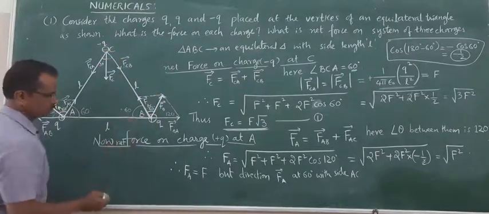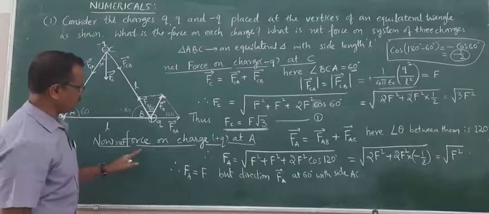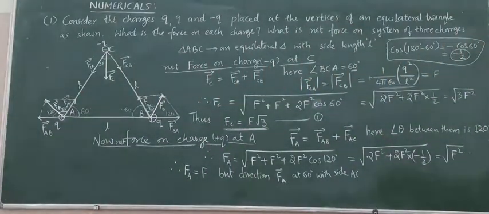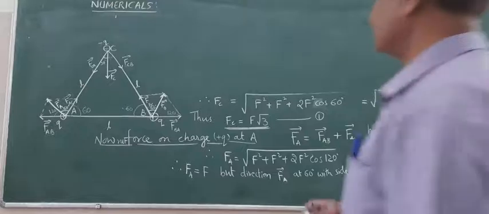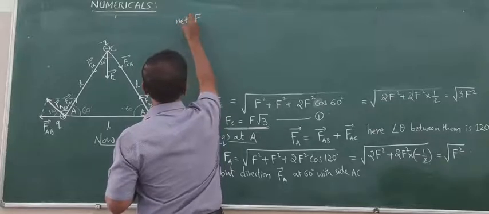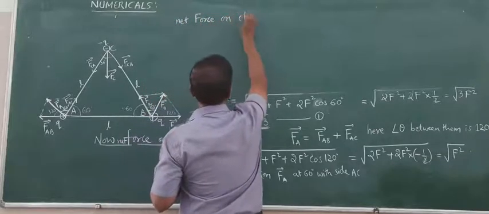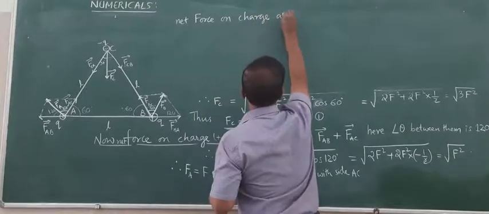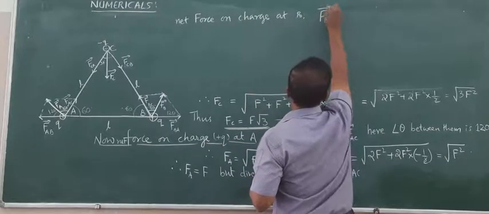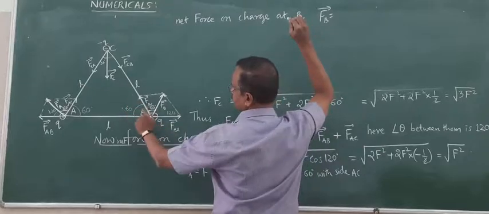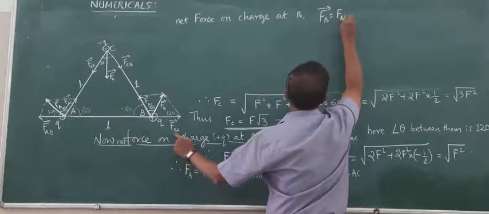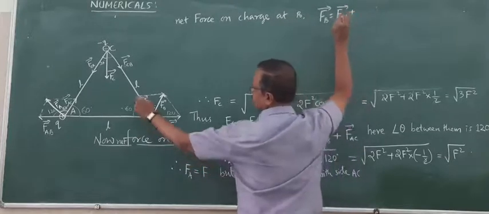Right? This is FB. So in the same line, I can write the net force on charge plus Q. Similarly, the net force on the charge at B, that is the FB vector, is equal to FBA vector plus FBC vector.